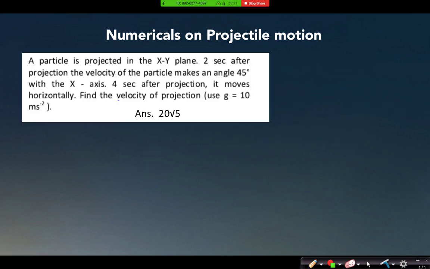Now this question says a particle is projected in the xy plane. 2 seconds after the projection, the velocity of the particle makes 45 degrees with the x-axis. 4 seconds after the projection, it moves horizontally. Find the velocity of the projection.